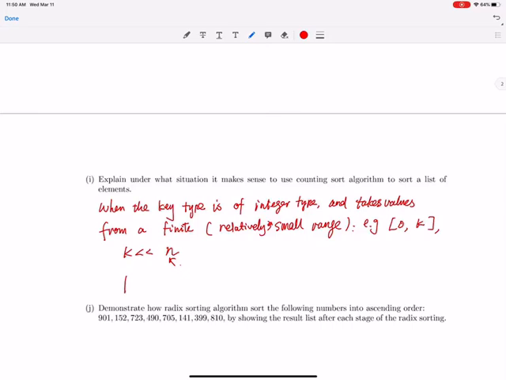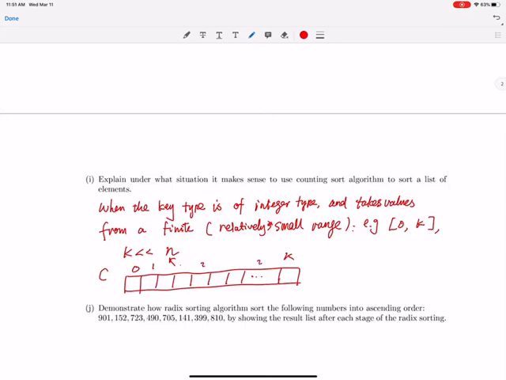So remember, we are using some kind of array. We usually call it count C, which is used to count the number of elements that take value 0, take value 1, and all the way to k. This is to keep track of the number of times that we have seen a key of value i.